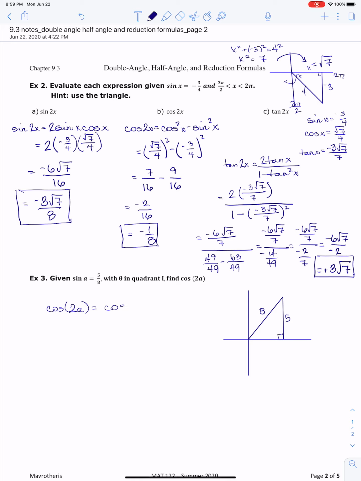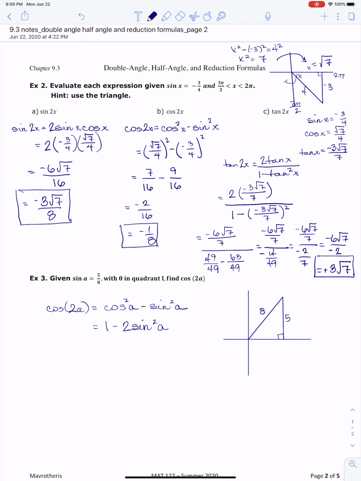I have this version, cosine squared a minus sine squared a. I could find the third side of my triangle and figure out what cosine of a is. I have got this version that's 1 minus 2 times sine squared a. And you know what? I already know what the sine of a is. So this is my winner.